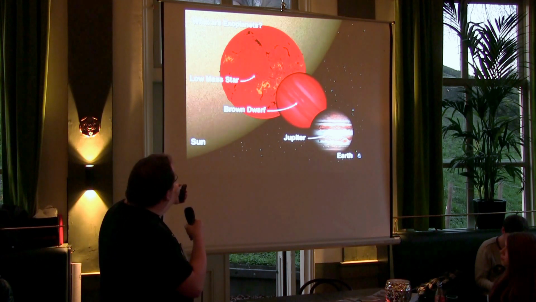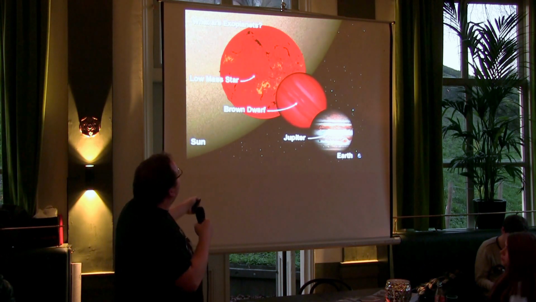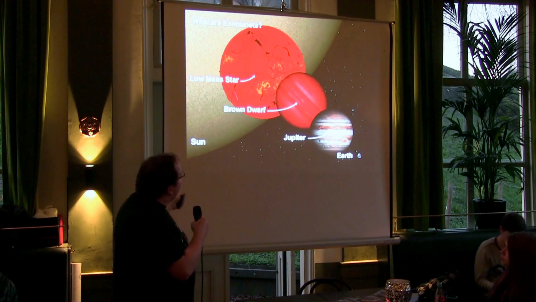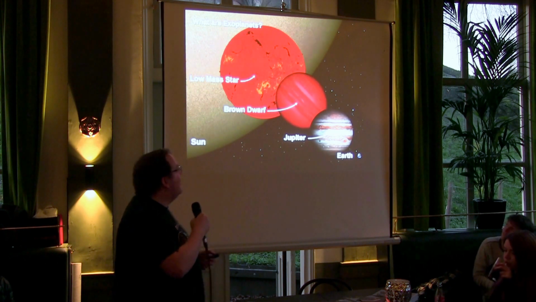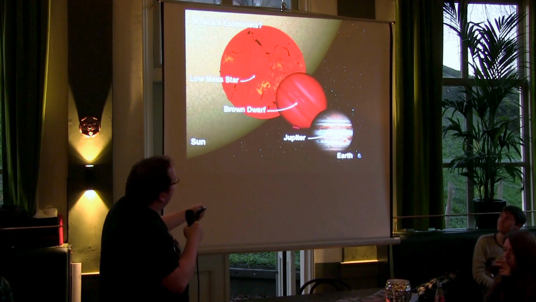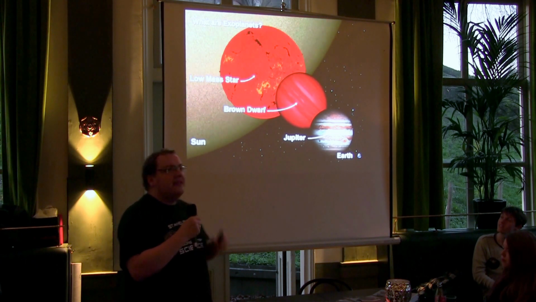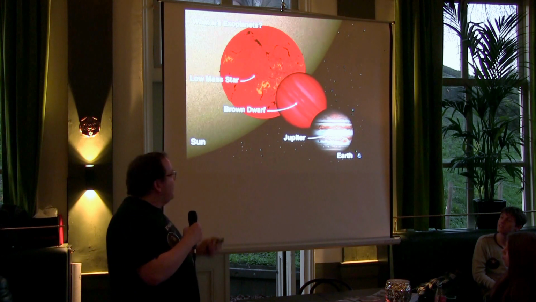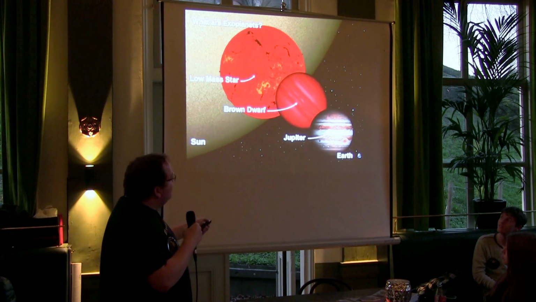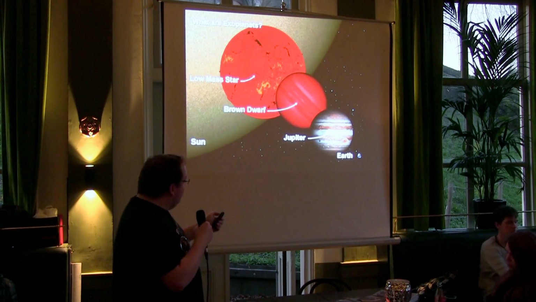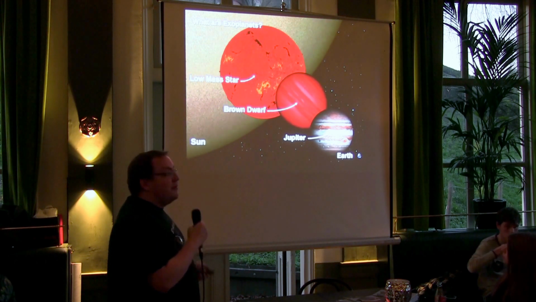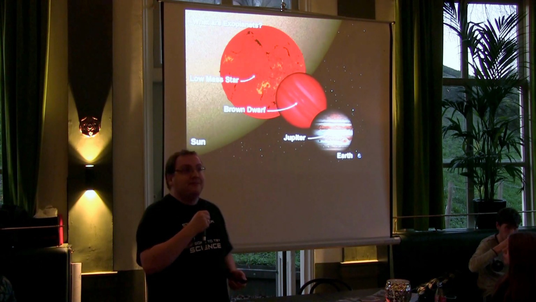And now, to give you a bit of an idea of the sizes of planets we're talking about. This is a size comparison, so you see the sun in the background. Then we have a low mass star, so that's maybe about 10 to 50% of the mass of the sun. Then we have brown dwarfs, which maybe are about a little less than 10% of the mass of the sun. And then we have planets like Jupiter, which is in the order of 0.1% of the mass of the sun. And those are the objects that we're interested in when we're talking about photographing exoplanets.